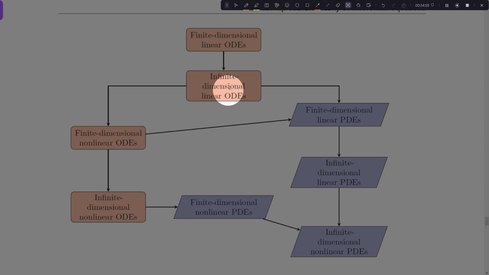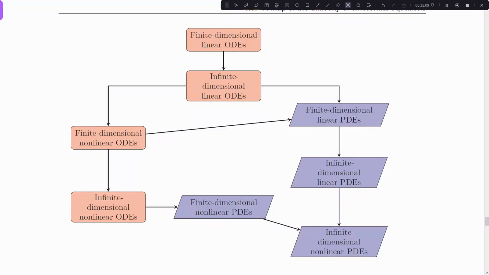But possibly from infinite dimensional linear ODEs, we could also head over to finite dimensional linear PDEs. And this being PDEs, everything in purple is a PDE, everything in orange, salmonish is an ODE. And these are kind of how they all relate to each other, with the most difficult being down here and the least difficult up here.